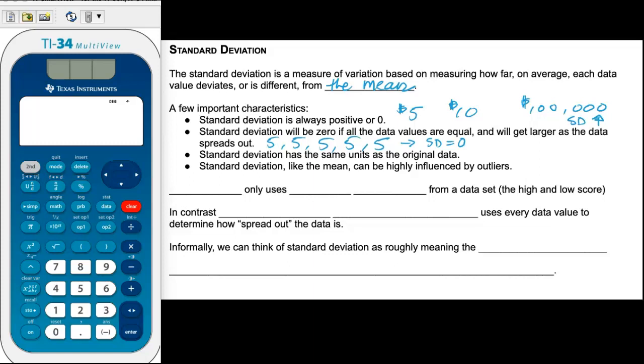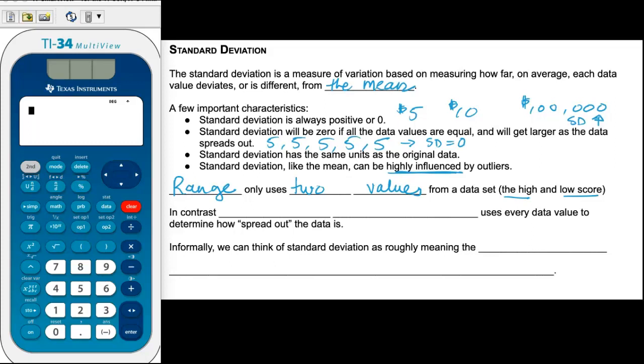Standard deviation, like the mean, can be highly influenced by outliers because we use all of the data in the set. Range only uses 2 values from a data set: the high and the low. We take high minus low.